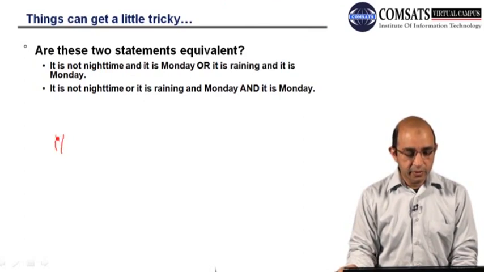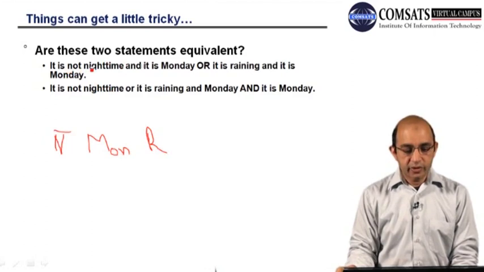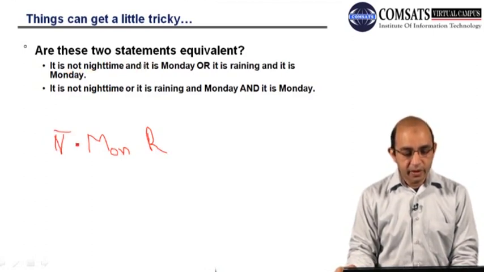for example, n bar, and we call Monday MON, and then we have raining. So "it is not night time and it is Monday", so I place a dot here, and then I place a plus replacing "or".